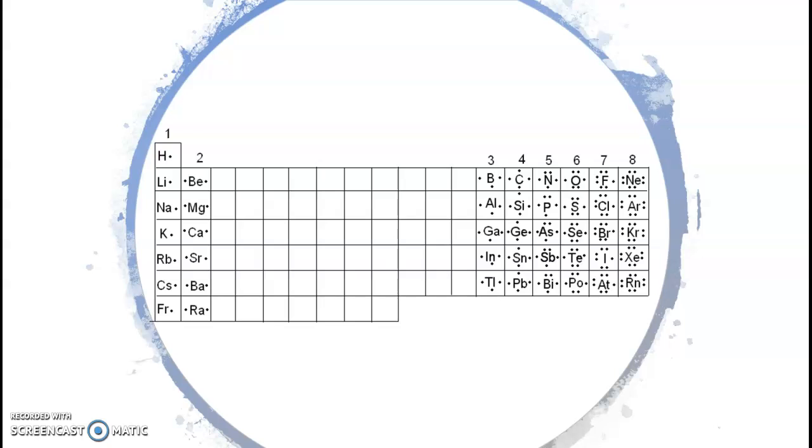Well, that should tell you something. It means they are going to behave similarly because what elements do is they interact with other elements in order to achieve a more stable outer energy level. They want to be more like a noble gas. So they're either going to lose electrons or they're going to gain electrons in order to be more like a noble gas.